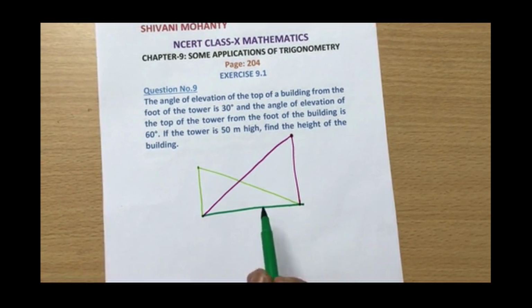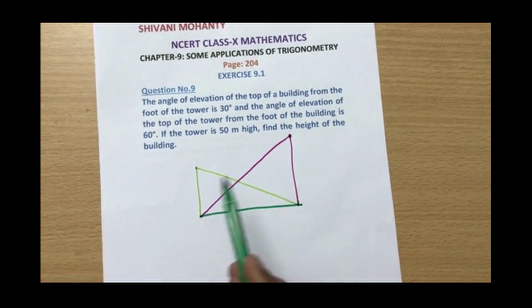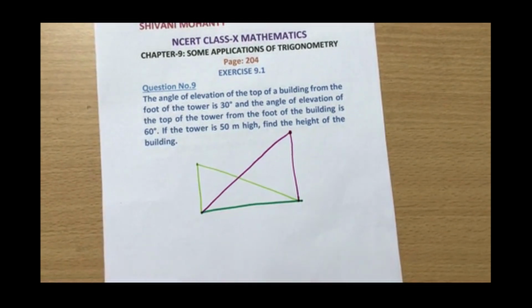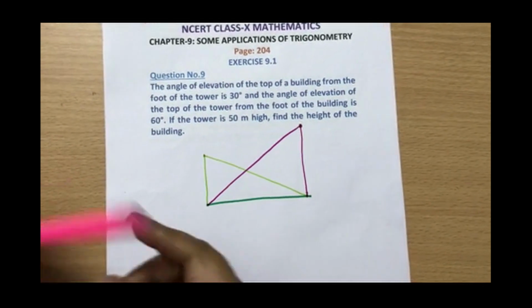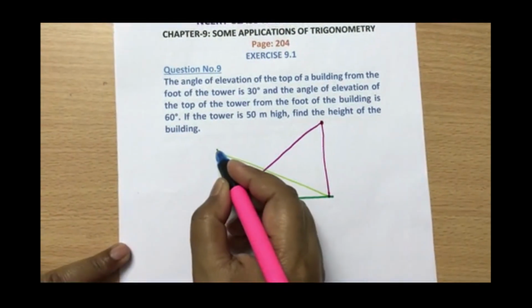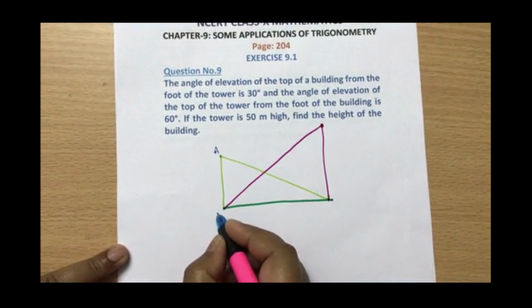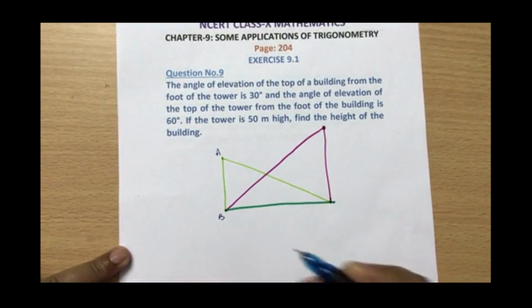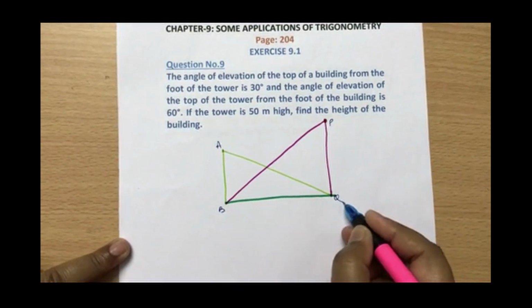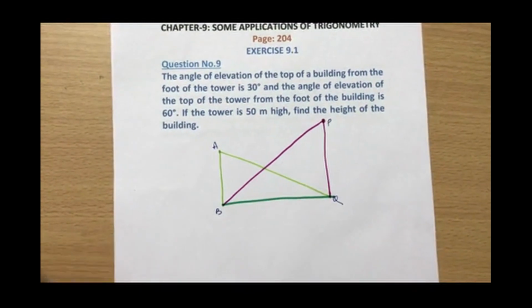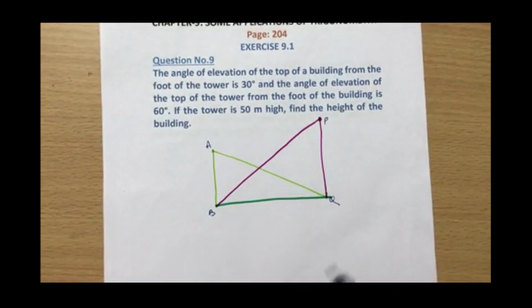I think you have to find out the height of the building. So now I am naming it. Let me name this as A, this is B, this is P, and this is Q. So what is the tower here?